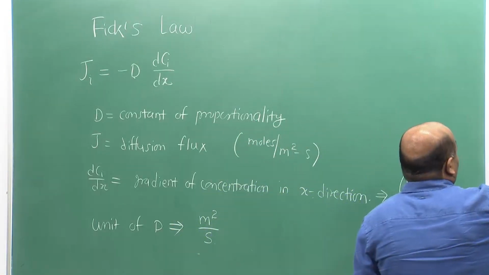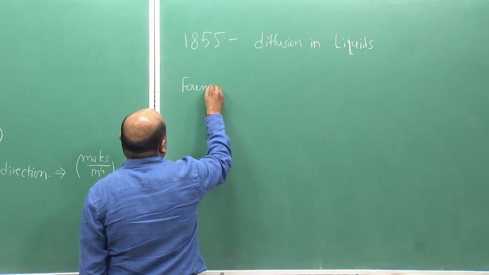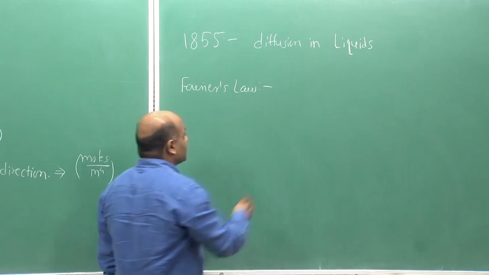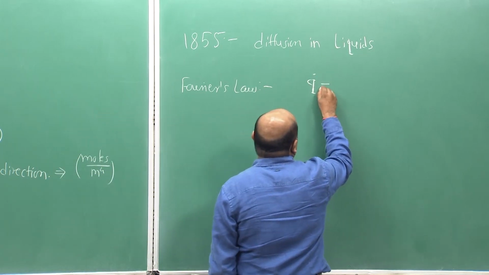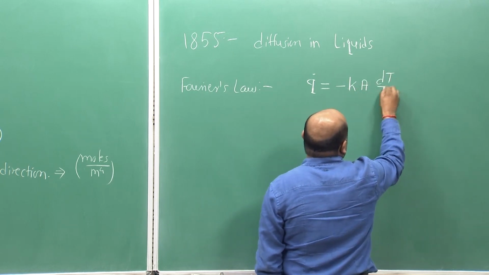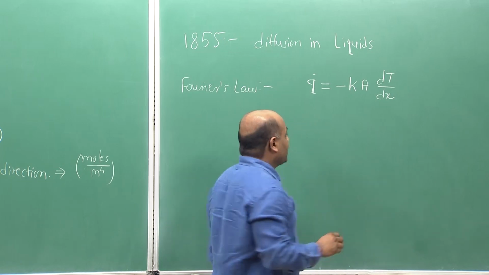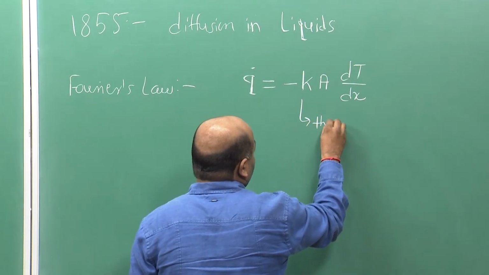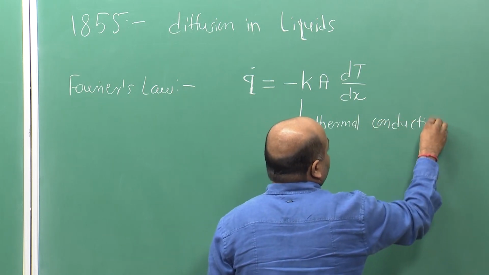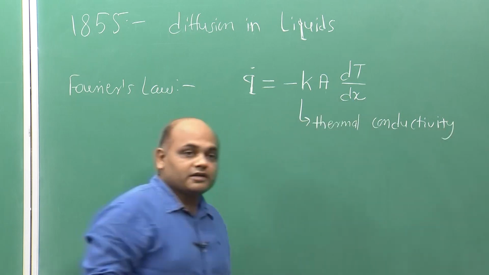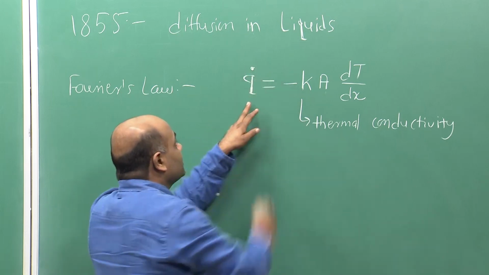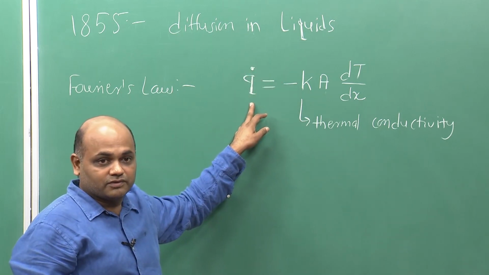If we draw the analogy, Fourier's law says q dot is equal to minus K A dT by dx, where K denotes the thermal conductivity and A is the area of cross section. q dot is the rate of heat flow per unit time.